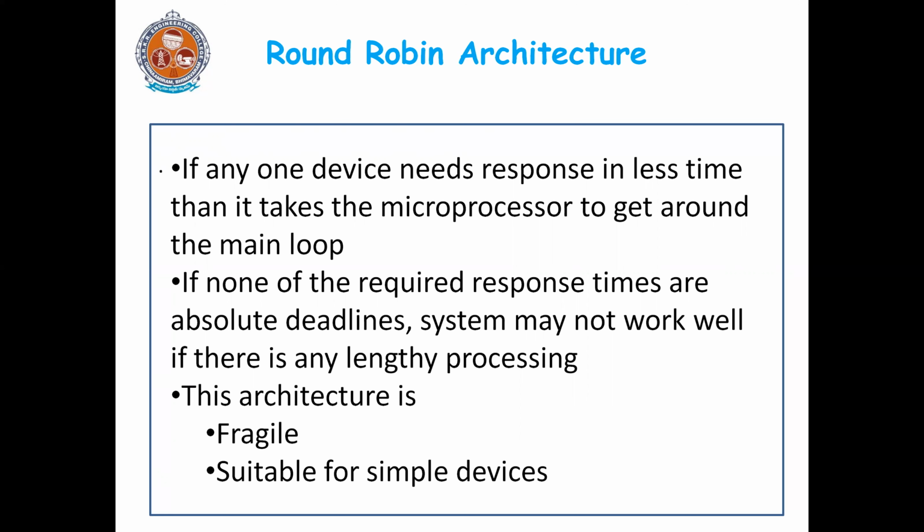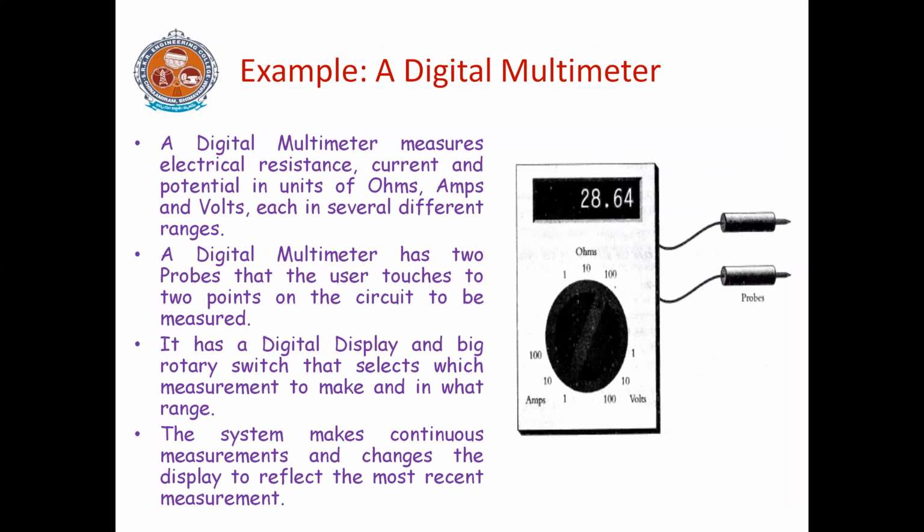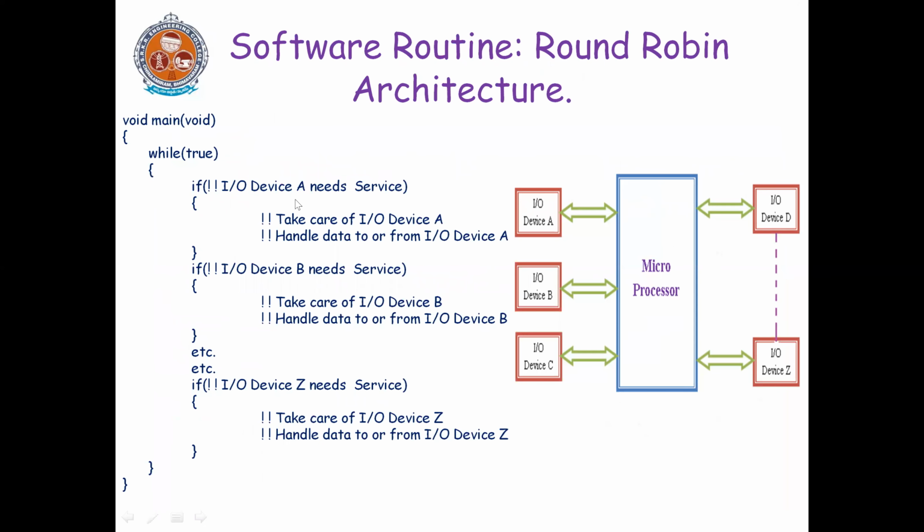That means, because first the device A has been given in your loop. If you observe here, first the device A, next the device B, and finally the device Z. But our main aim is that device Z requires, for example, a response in 3 milliseconds.